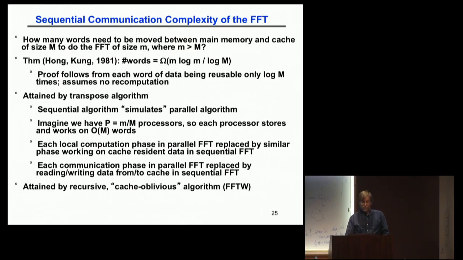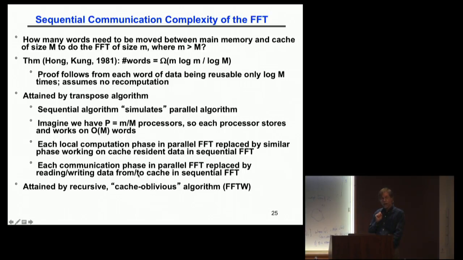And so that's how the algorithm works. Now, it turns out that you can do that without having to do this sort of machine-dependent algorithm where I have to know the cache size. There's a recursive way to do it.